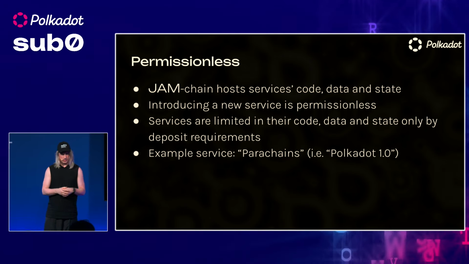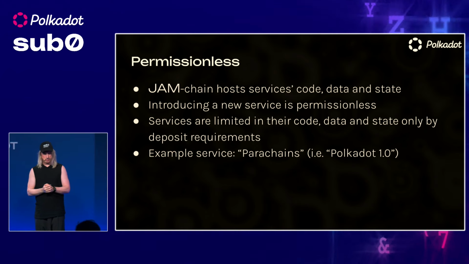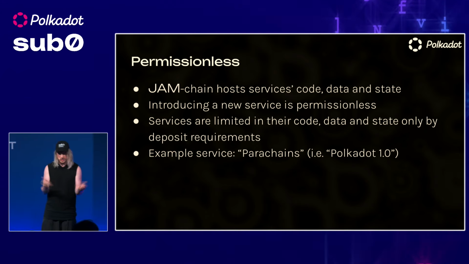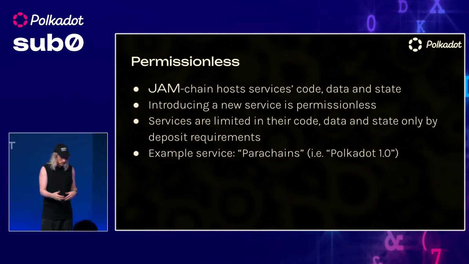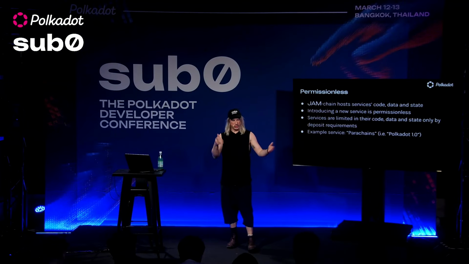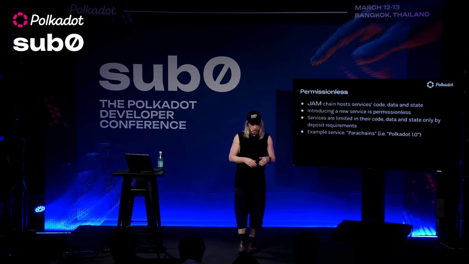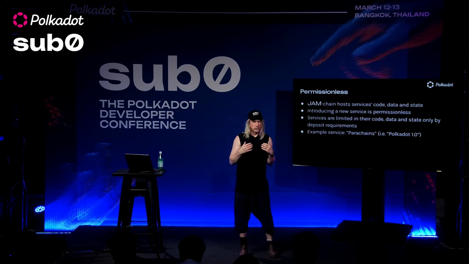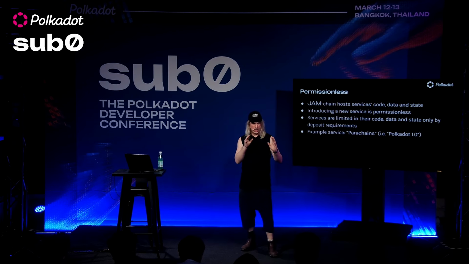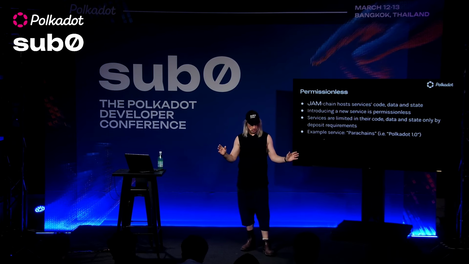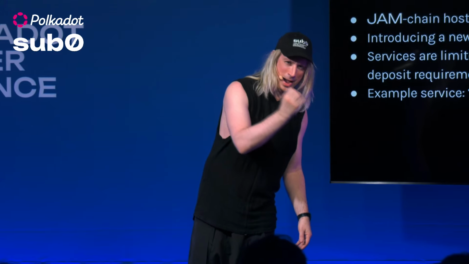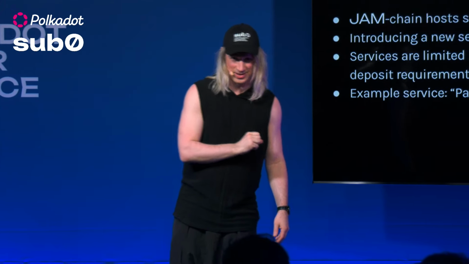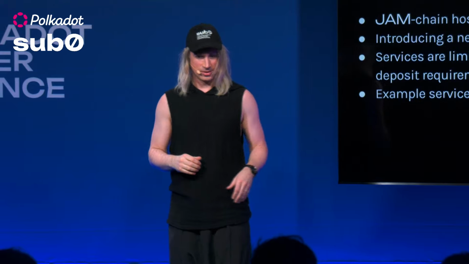One example service, just to put something in your mind. What is a service? Well, it's a pretty abstract thing. What is a smart contract? It's a pretty abstract thing. Well, what is a service? An example service would be the parachains service, right? Not a specific parachain service, but the parachains service.